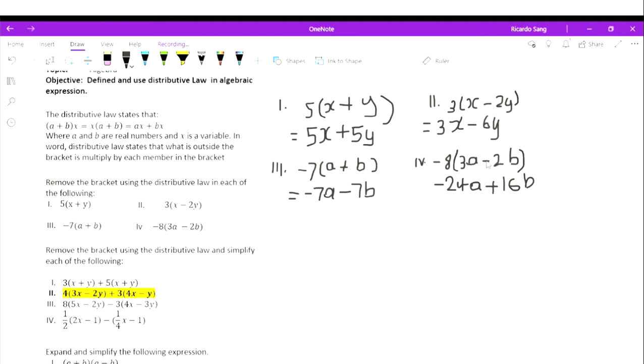Once you're multiplying by a negative number, the sign in the middle changes. Negative times a negative is equal to a positive. So that is all distributive law. You have to follow that principle throughout all the distributive law questions we're going to look at. All right, so let's continue.